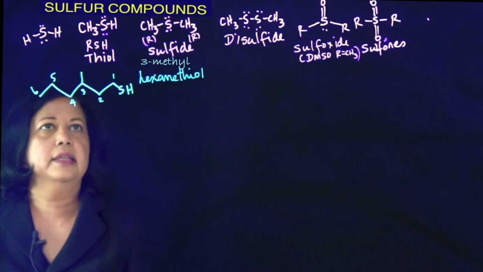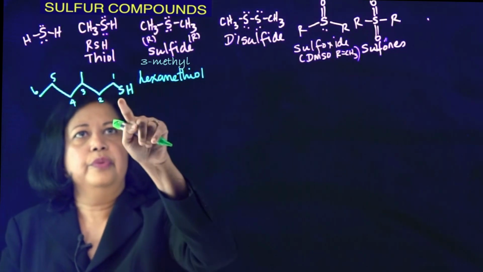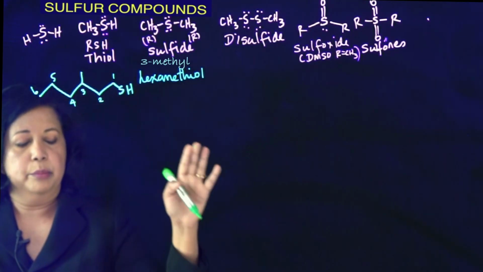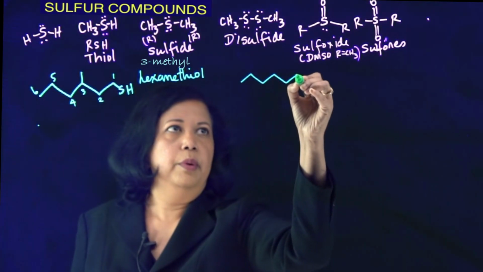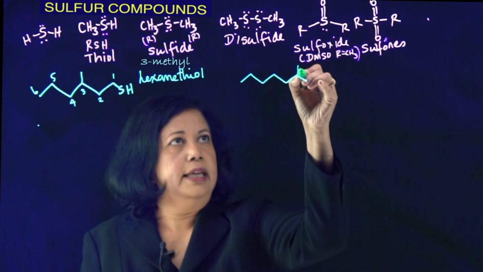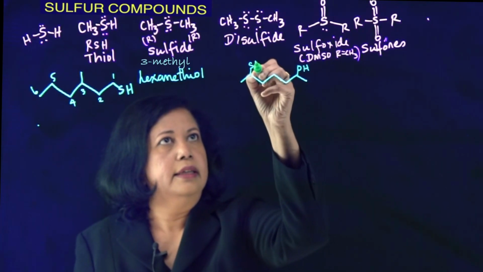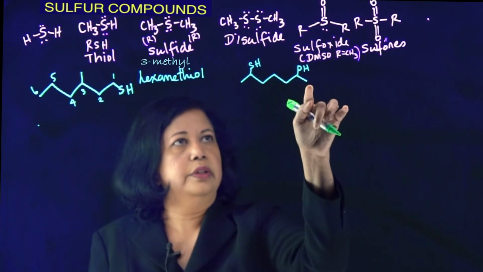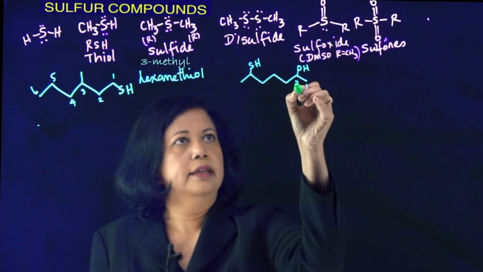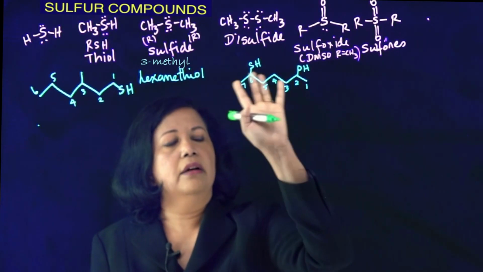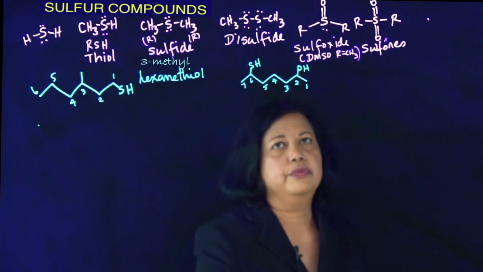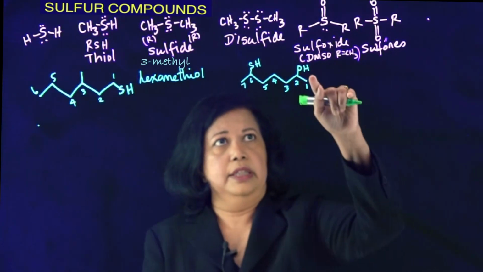Just think about hexanol. If the SH group is in like the middle, let's say you have both alcohol and an SH, this would have higher priority. So you start numbering from this side. 4, 5, 6, 7. So now thiol cannot be the suffix because the higher priority is oxygen.